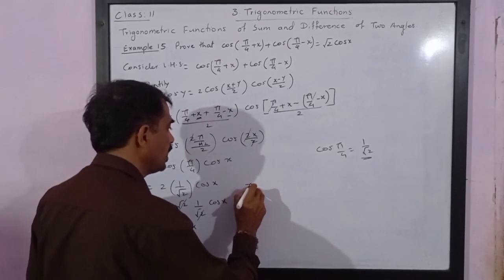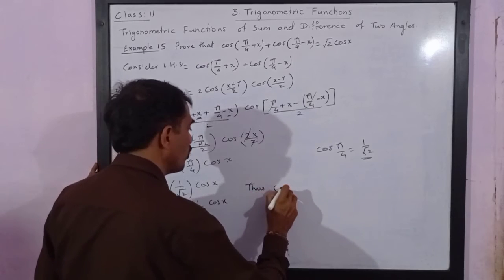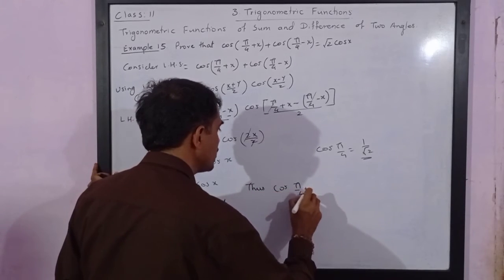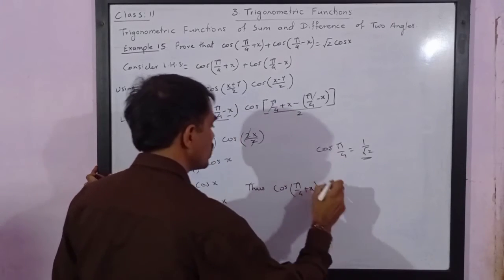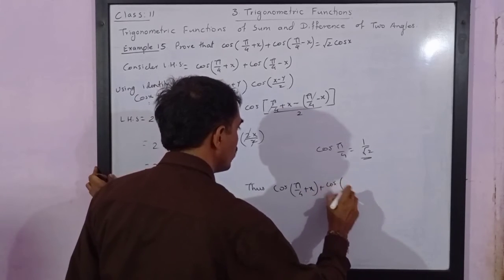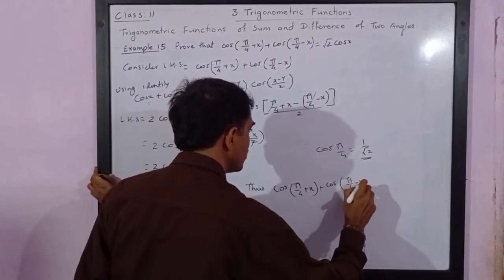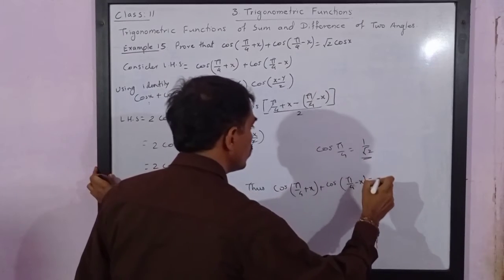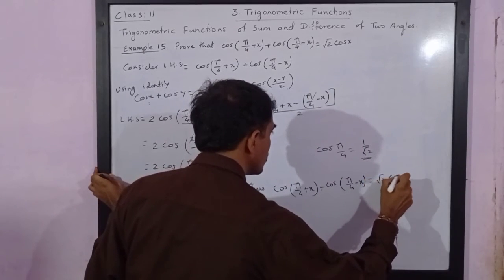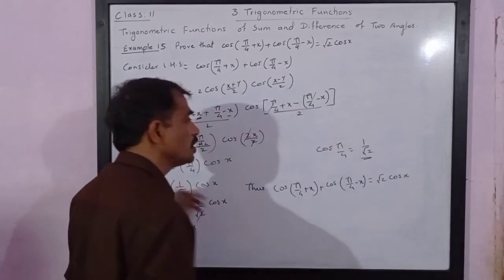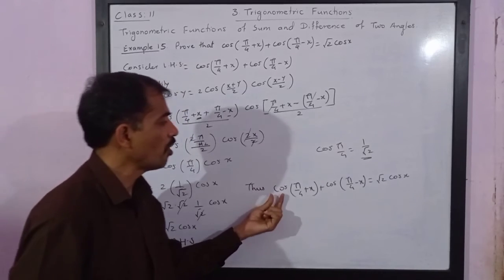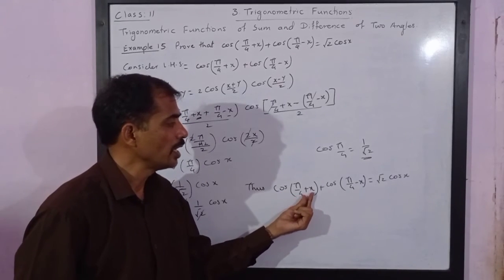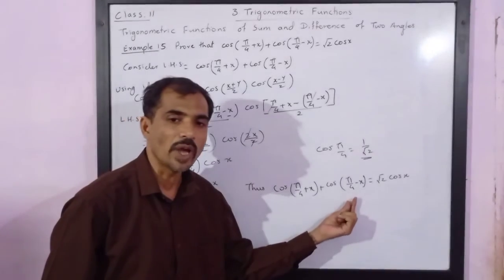Thus we can directly write the result: cos of pi by 4 plus x plus cos of pi by 4 minus x is equal to root 2 into cos x. This problem can be solved by using the formula for cos x plus y plus cos of x minus y also.